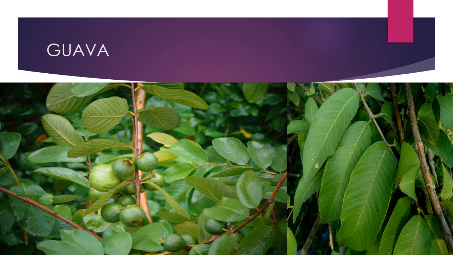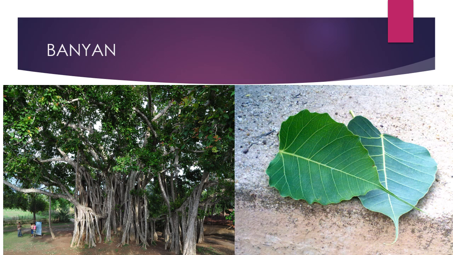Next leaf shown to us is of guava. Guava is a common tropical fruit cultivated in many tropical and subtropical regions. Guava is a small tree in the Myrtle family native to Mexico. The next leaf shown to us is of banyan tree.